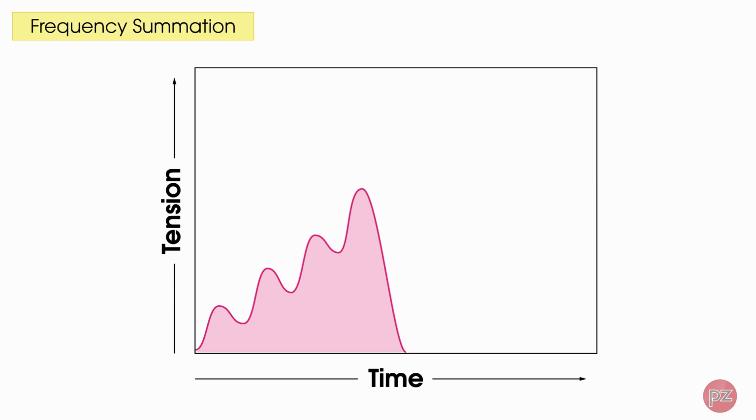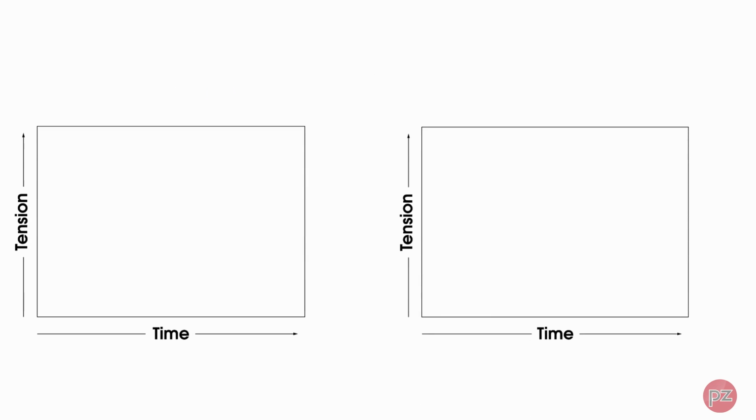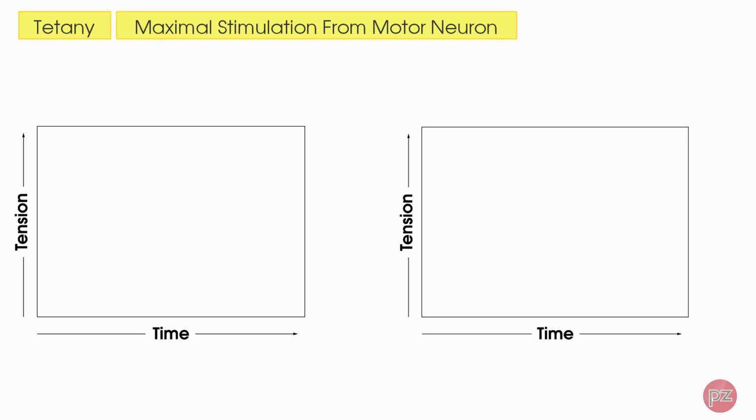There are a couple of other important concepts with this same idea in mind. So we also have something called tetany. Now, tetany occurs when a motor unit has been maximally stimulated by its motor neuron. When a muscle is tetanized, the contracting tension in the muscle remains at a constant and steady state, and that's the maximal possible contraction.